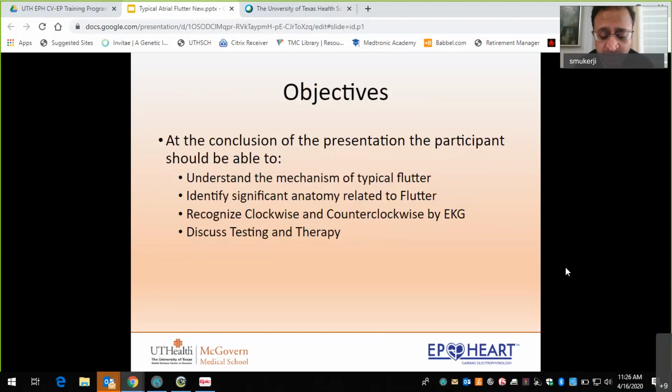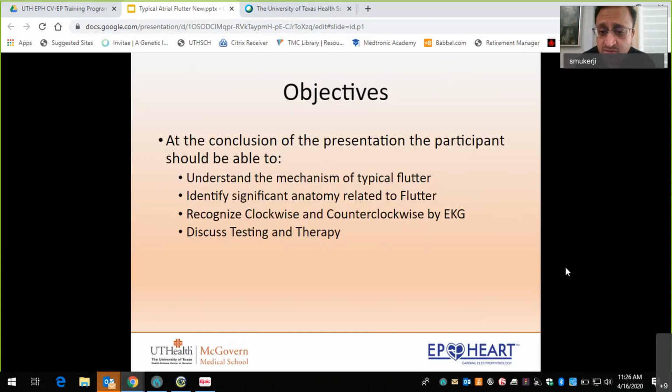Basically in EP, when we talk about tachycardias, we're talking about the automatic nature of tachycardia, the focal nature, or the reentry mechanism. When we're talking about atrial flutter, and I'm going to use the terminology CTI dependent flutter, basically, CTI dependent flutter is nothing other than a macro reentrant atrial tachycardia.